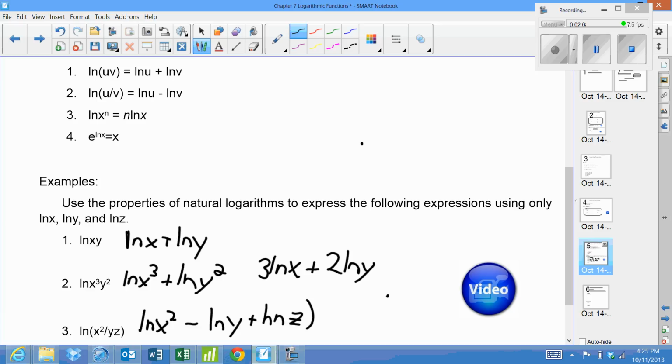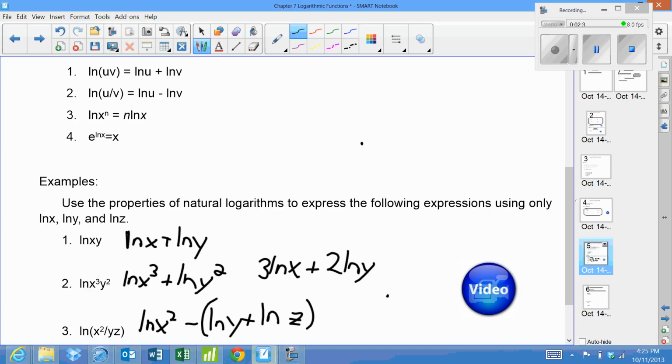And that should go in parentheses. And the reason I did that, I took my natural log of x squared and subtracted because I was dividing. I was dividing y times z, so I also broke them up into natural log of y and natural log of z. And let me just, because I'm picky here, change that. So we've got plus natural log of z.